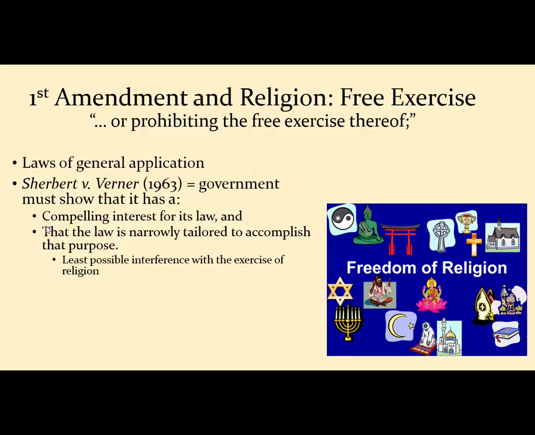That means that the law has to pose the least possible interference with the exercise of religion. And that's now called the Sherbert test, that state governments may apply when a person claims a violation of the free exercise clause.